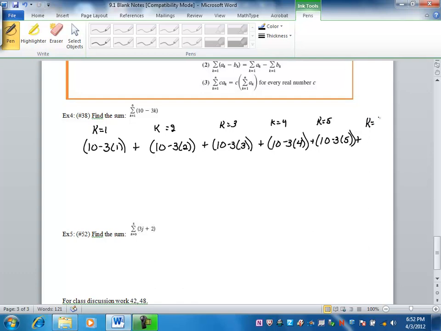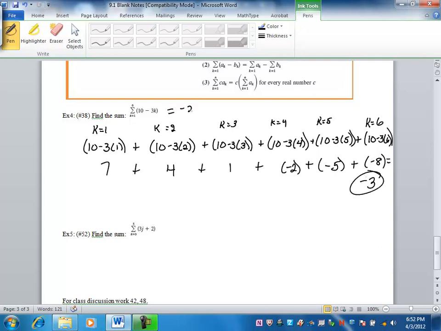And when k equals 6, we have 10 minus 3 times 6. So 10 minus 3 is 7, 10 minus 6 is 4, 10 minus 9 is 1, 10 minus 12 is negative 2, 10 minus 15 is negative 5, and 10 minus 18 is negative 8. We add these up to get a grand total of negative 3, and the value of this sum is negative 3.